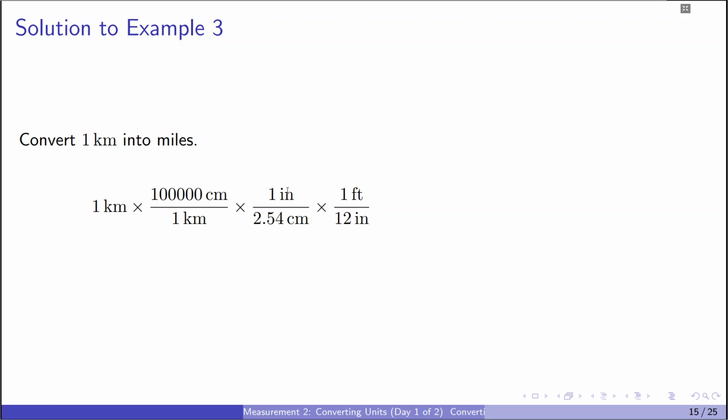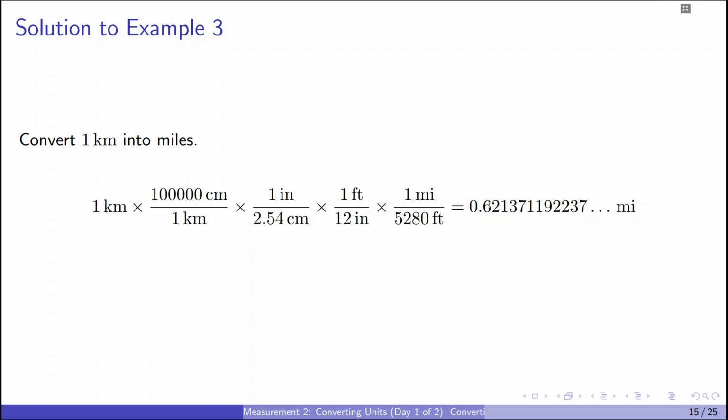Now we need to cancel our inches. 1 foot is 12 inches. Cancel our feet. So 5,280 feet in 1 mile. Now we multiply all of these together. We've just reciprocated the answer we had on the previous slide. So that 1.609, so forth, we reciprocate that.